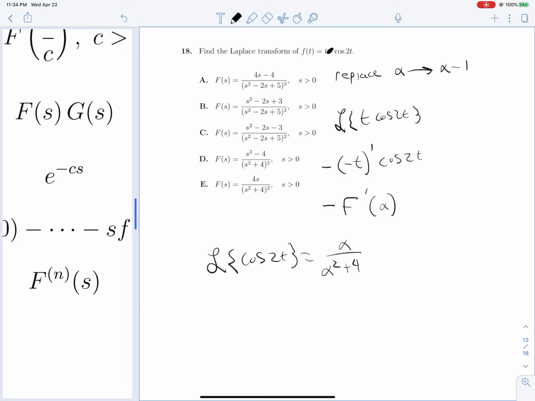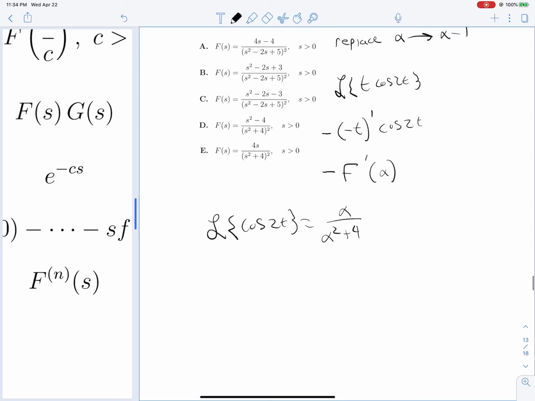The derivative of this will be, we'll have to go all the way back to Calc 1, do some quotient rule. That will be 1 times alpha squared plus 4, and then from that we're subtracting the derivative of the bottom times the top, so alpha times 2 alpha, and then we're dividing by the bottom squared, alpha squared plus 4 squared.